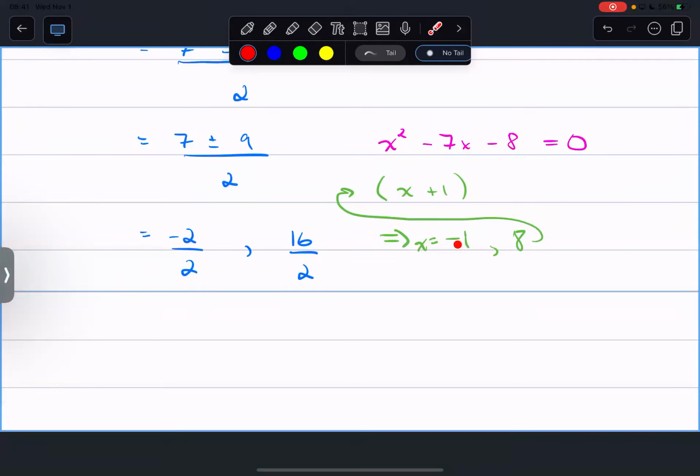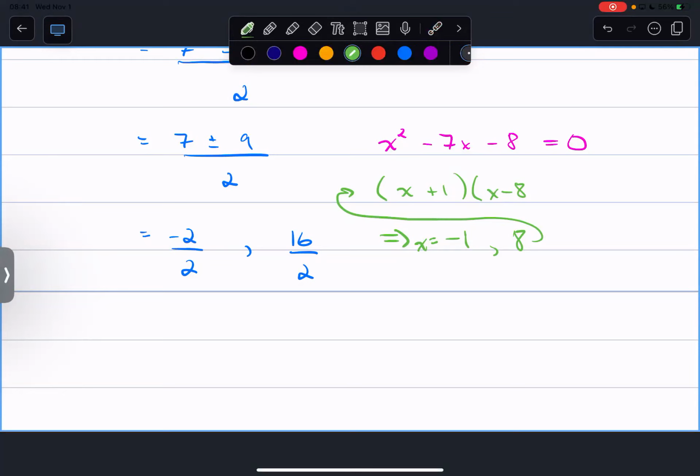In a way, you're just doing the opposite sign of what you have, times x minus 8, because if I let x be 8, this thing is supposed to be 0.